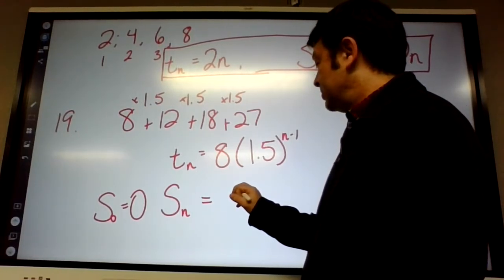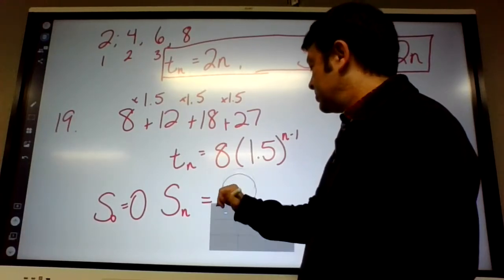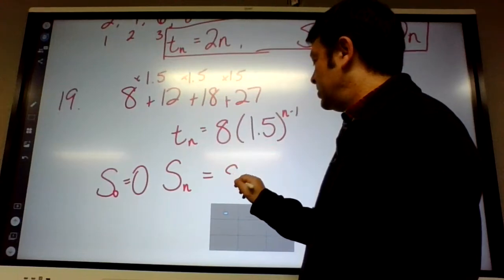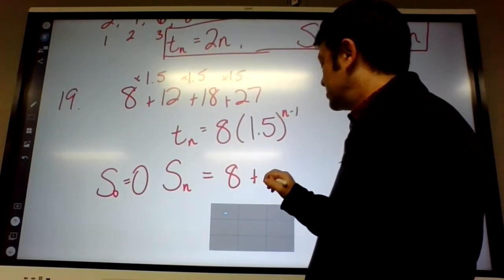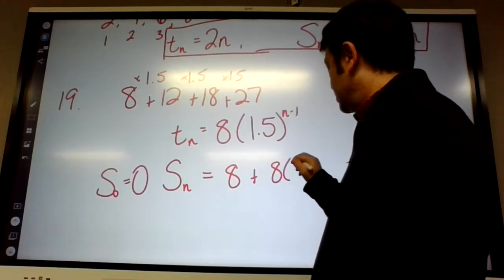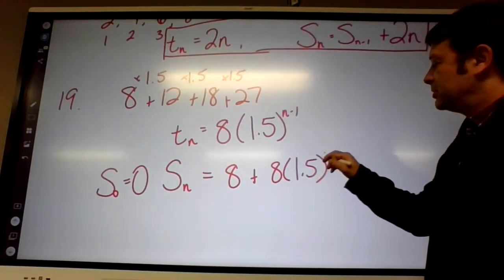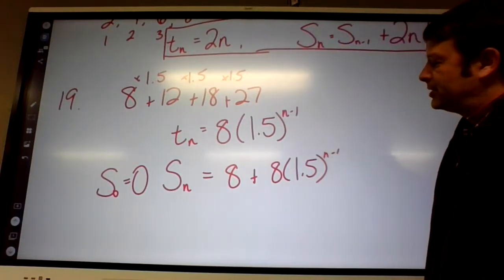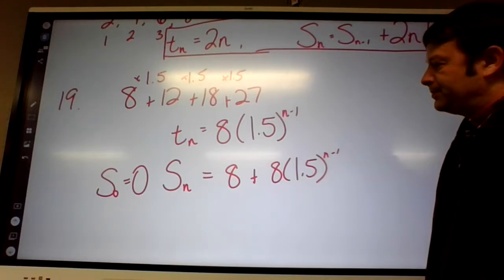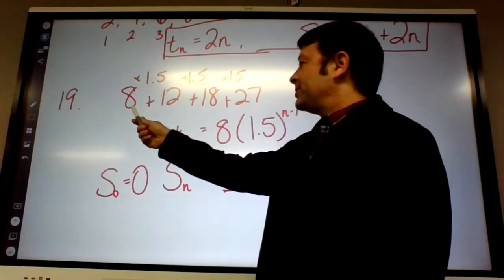Okay, so I'm going to start by adding 8 plus 8 times 1.5 to the n minus 1. Does that work every time? Okay, so I just put the first term right there.